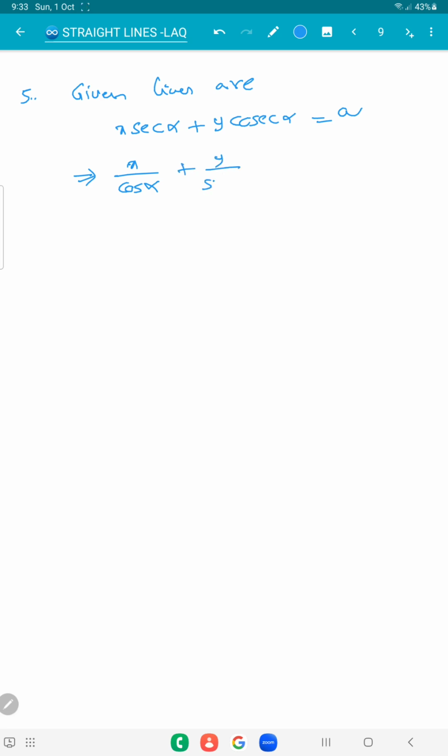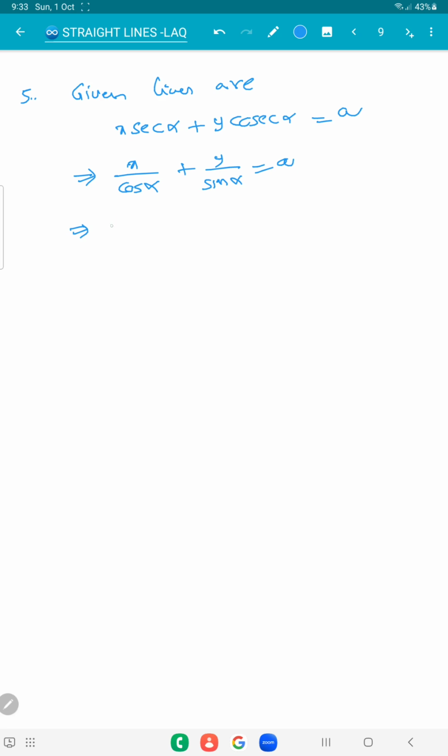Let us start that. Read the question. If p and q are the lengths of the perpendiculars from the origin to the given lines. The first line: x secant alpha plus y cosecant alpha is equal to a. I am going to change this because I like sin and cos better than secant and cosecant. x by cos alpha plus y by sin alpha is equal to a.